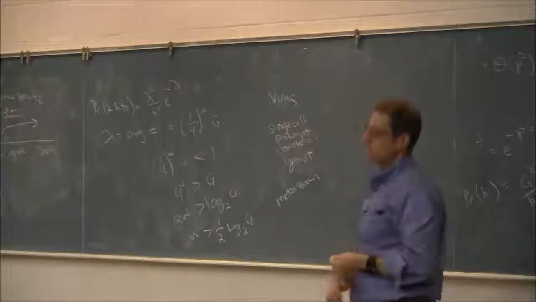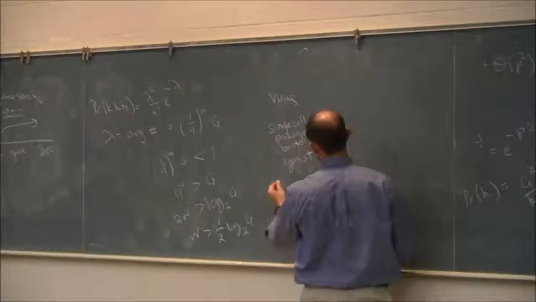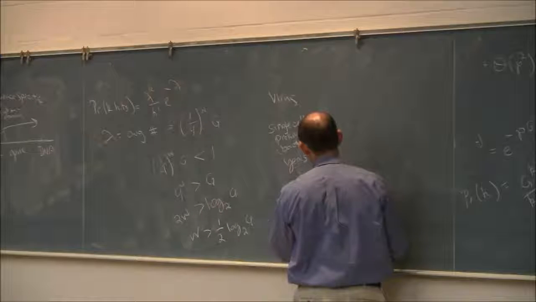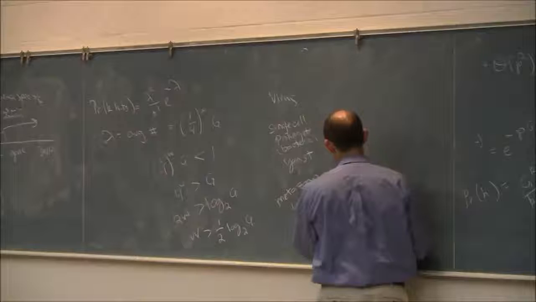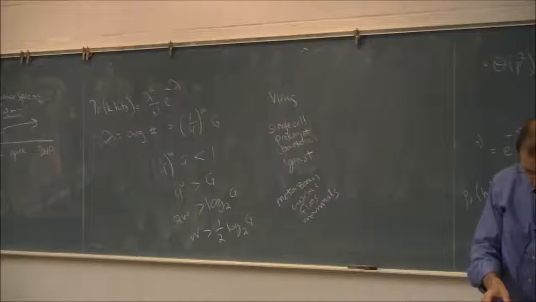So metazoan is just a multi-celled animal. And so things like worms, flies, mammals.